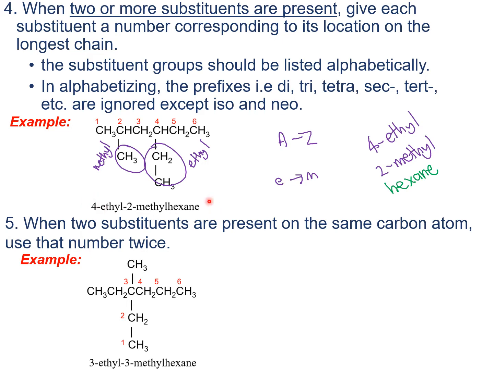So macam inilah dia, the way you want to name it. Okay, 4 ethyl, lepas tu bila kita nak letak the next substituents, since that this is abjad, yang ni adalah angka, so you kena pisahkan dia dengan letak dash. Okay, you kena ingat tu ya. Benda yang memisahkan abjad dengan angka adalah hyphen, this dash. Okay, for ethyl dash 2 dash methyl hexane. Okay, kalau dah tak ada apa-apa substituents, terus lekatkan dengan nama parents.